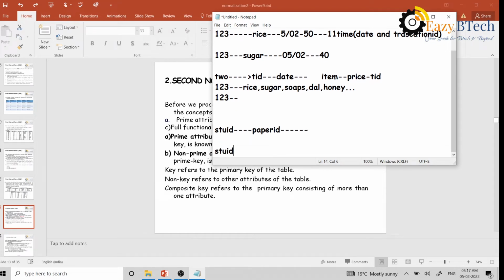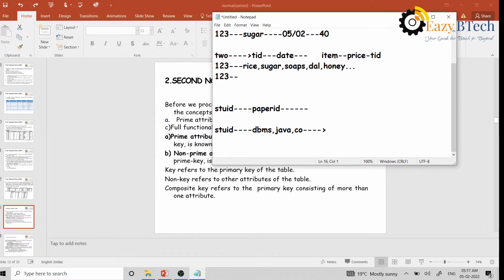Suppose you are in CSC, second semester, second year or third year, and you have subjects: DBMS, Java, and some CO. You are registered for these subjects. I want to know which exam is today. Student ID, and here we have a course ID. Based on these, today he has the DBMS exam. Here we have course IDs also.